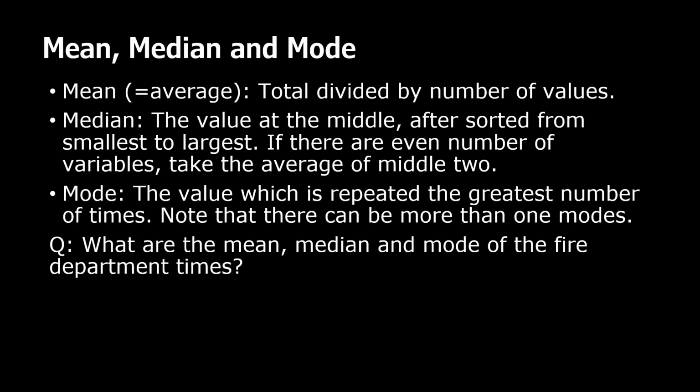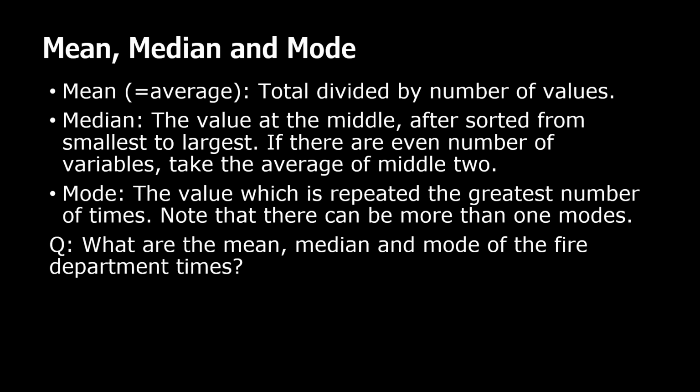That's used a lot, especially if you're playing baseball or basketball, all kinds of sports. They like to have the averages, right? It's simply the total divided by the number of values. I don't think there's anyone here who doesn't know what an average is. In this class, we will often use the word mean and average interchangeably.